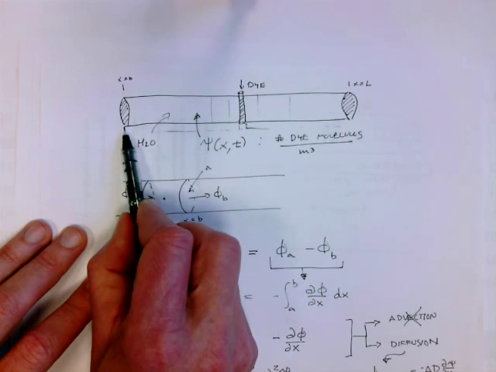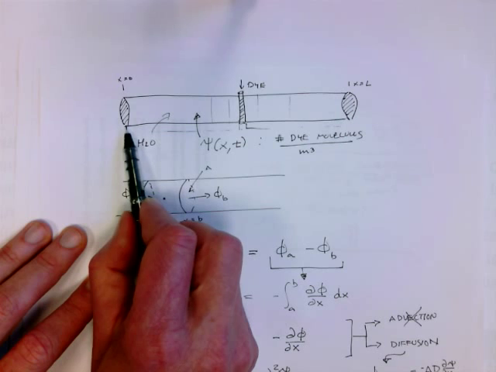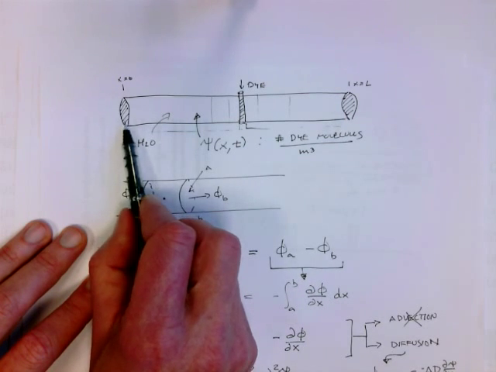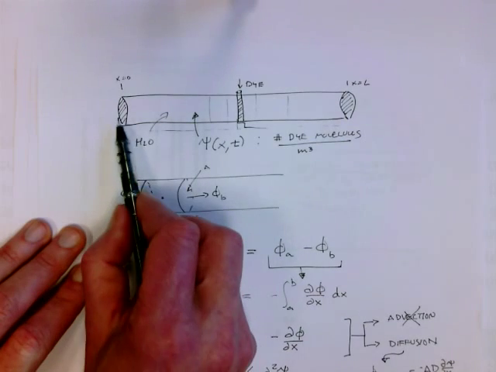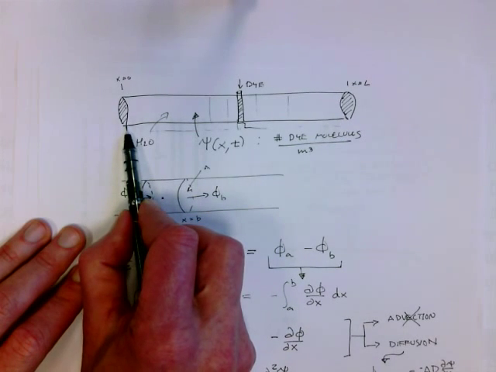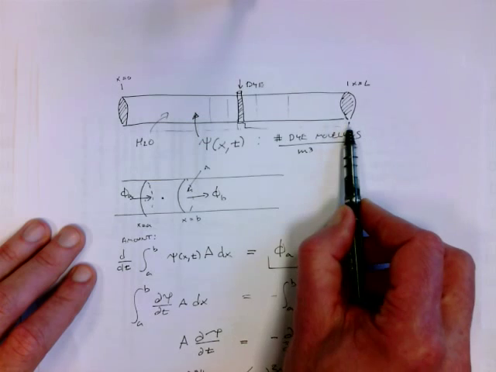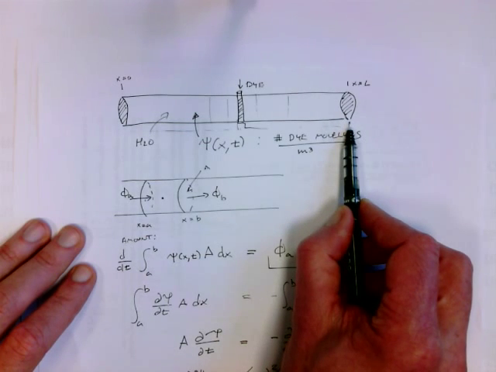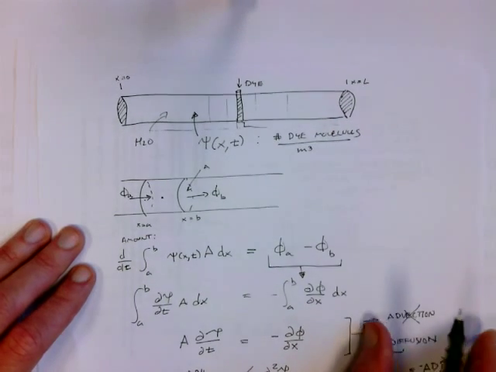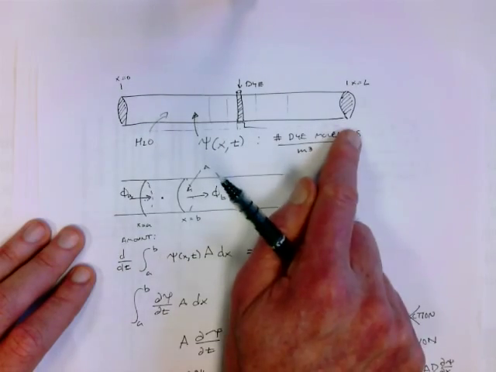At x equals 0, the dye can't go anywhere. Once the dye gets to x equals 0, it's not allowed to go anywhere. In other words, there can't be any flux through this surface, and there also can't be any flux through the other surface.